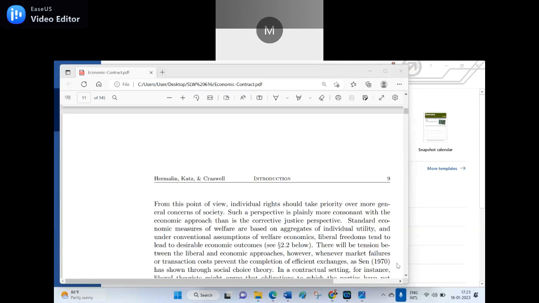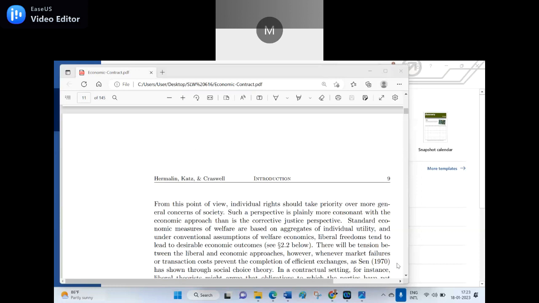So they say it is the individual utility of a person to have a good life in the society. Of course, even if that amount is less, at least in the society one can survive. So they said here, in a society they can survive. Under the assumptions of welfare economics, liberal freedom tends to lead to desirable economic outcomes.